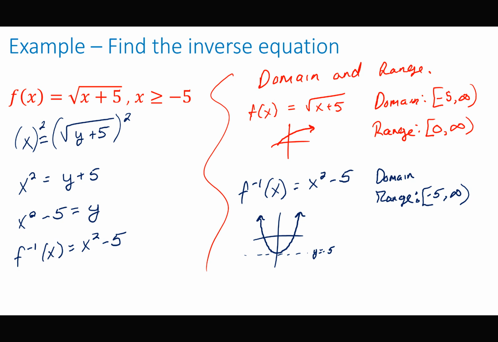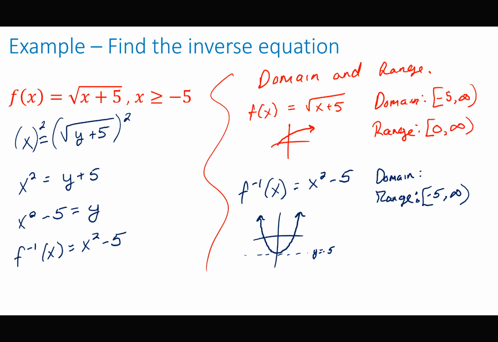Now, first off, let's see if we recognize anything. Look at the domain and range that we have filled out so far. We can see that the domain of our original function is the range of our inverse function.